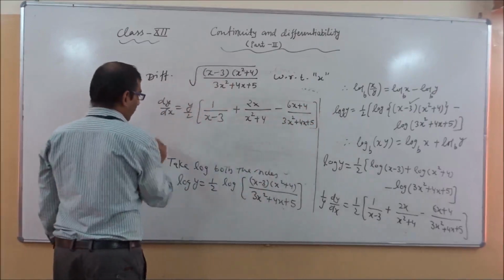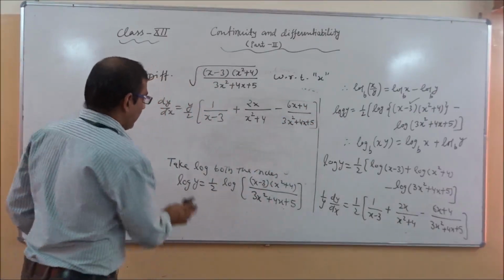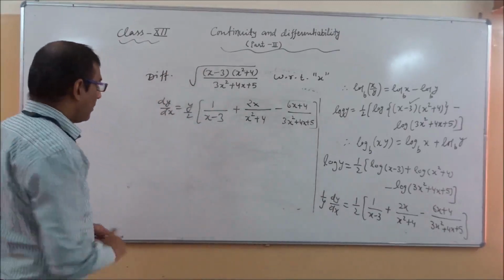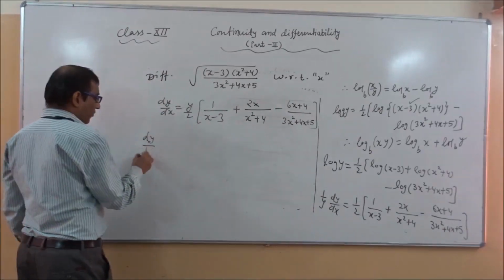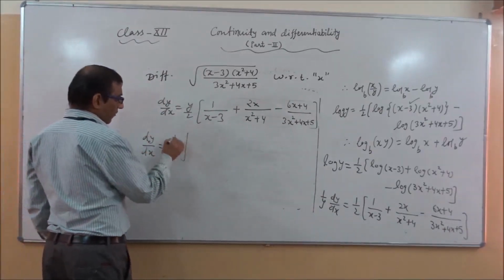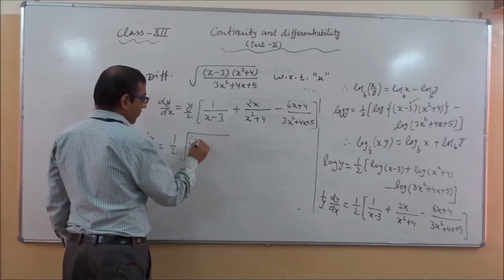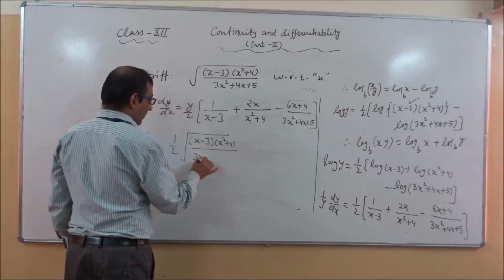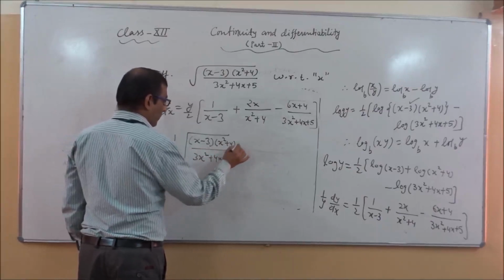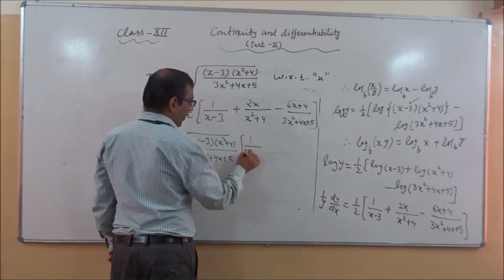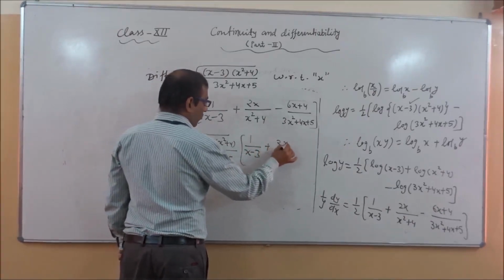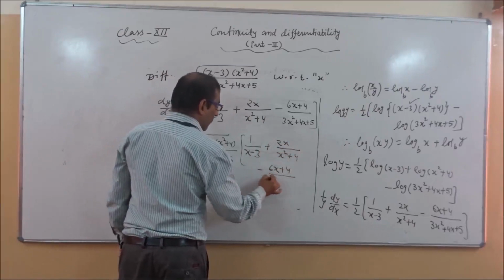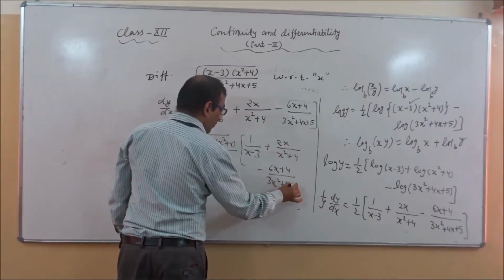After this, we will put the value of y, so that dy by dx equals x minus 3 x square plus 4 upon 3x square plus 4x plus 5, then the bracket 1 upon x minus 3 plus 2x upon x square plus 4 minus 6x plus 4 upon 3x square plus 4x plus 5.